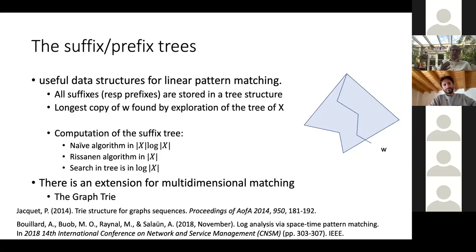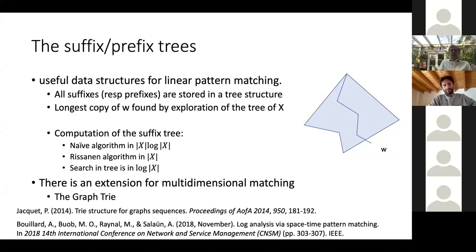In this case, it is very easy to find, for a semi-infinite sequence W, the largest copy of it inside the text X by just exploring the tree.